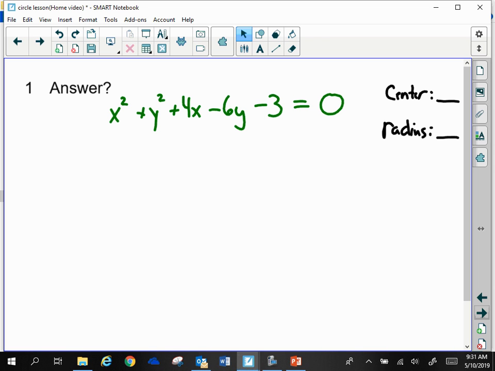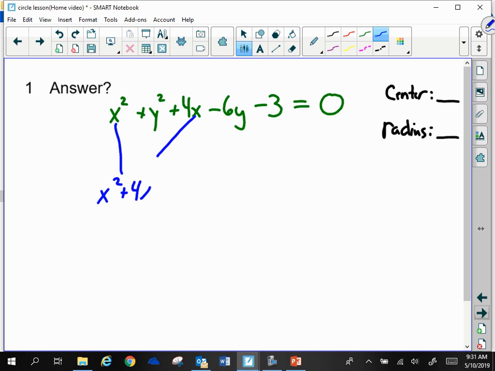All right, so this is one where I kind of shuffle things up. What I would do here is put the x terms together, put the y terms together, and where is this 3 going to go?